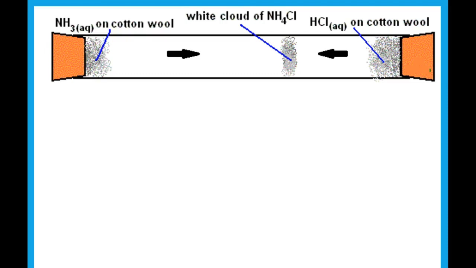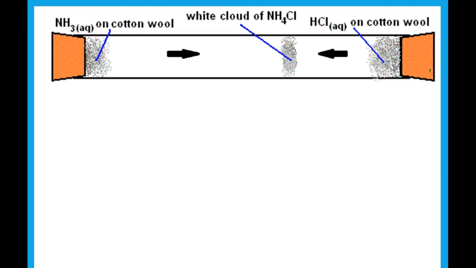And if we ask why the ammonia particles are moving faster, because if we sit down and calculate the molecular mass, if you remember how we calculate molecular mass, nitrogen from the periodic table, the mass is 14, hydrogen, each of them is 1, so 14 plus 3, that's 17. So the molecular mass of ammonia is 17, while the molecular mass of HCl, the Cl alone, is 35.5.